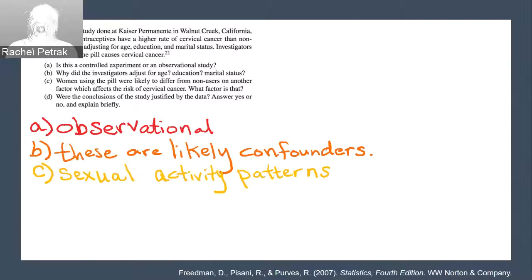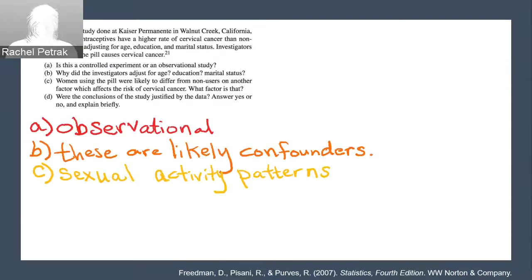Although I guess all the women in this study, well, since this is a study by Kaiser, an insurance company, we maybe could assume that everyone had access to insurance, but we don't really know. They haven't told us whether or not this is just people enrolled in Kaiser or a larger group.